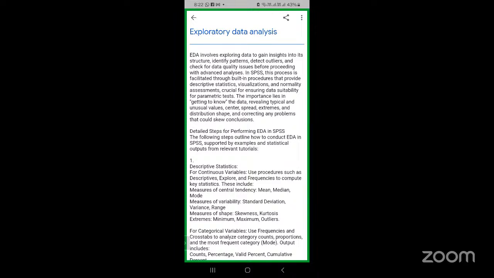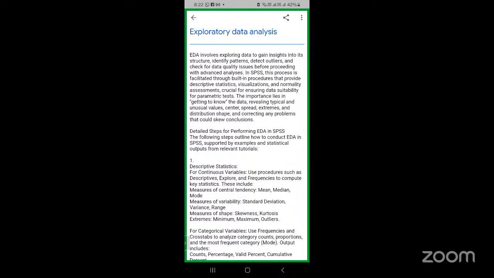So before using any bivariate or multivariate statistics, it is better to check the descriptive statistics of your data. If it is continuous data, if it is a metric data, then you can use the descriptive statistics, specifically this central tendency, mean, median, mode, standard deviation, etc.